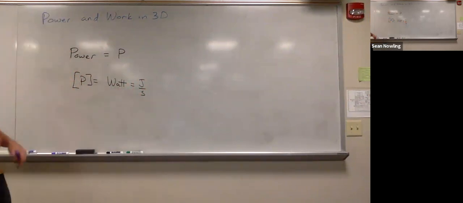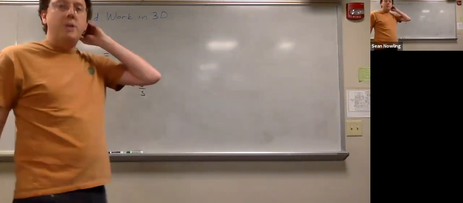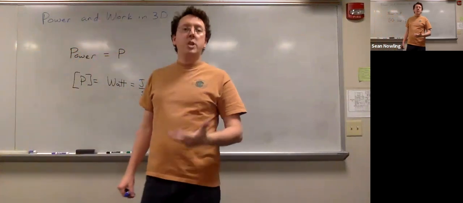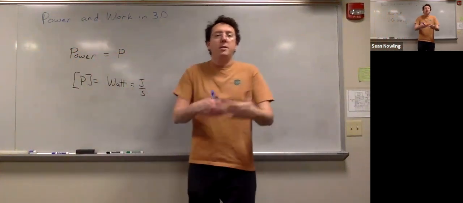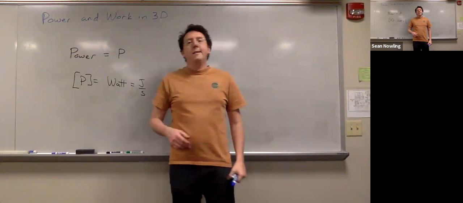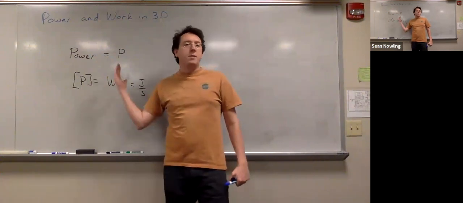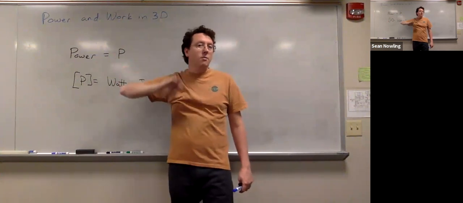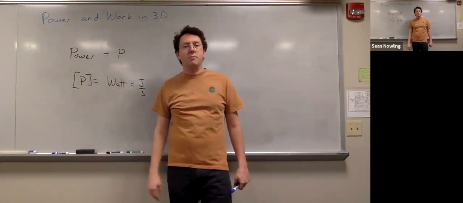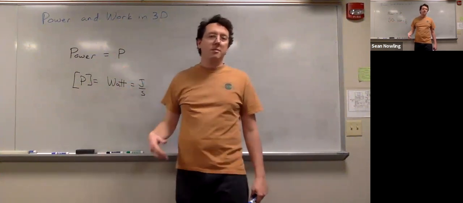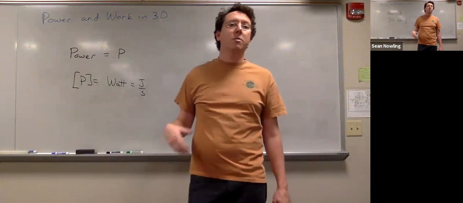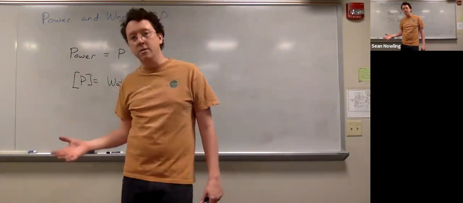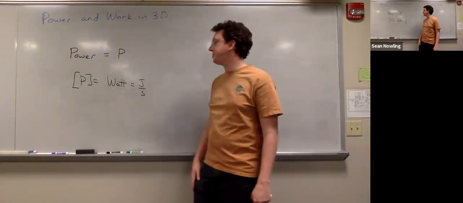So power measures the time rate of change of energy being distributed. Right now I'm thinking of it as a time derivative of work, but later on we can have power associated with other types of energy. It's always some sort of a time rate of change of an energy kind of quantity.